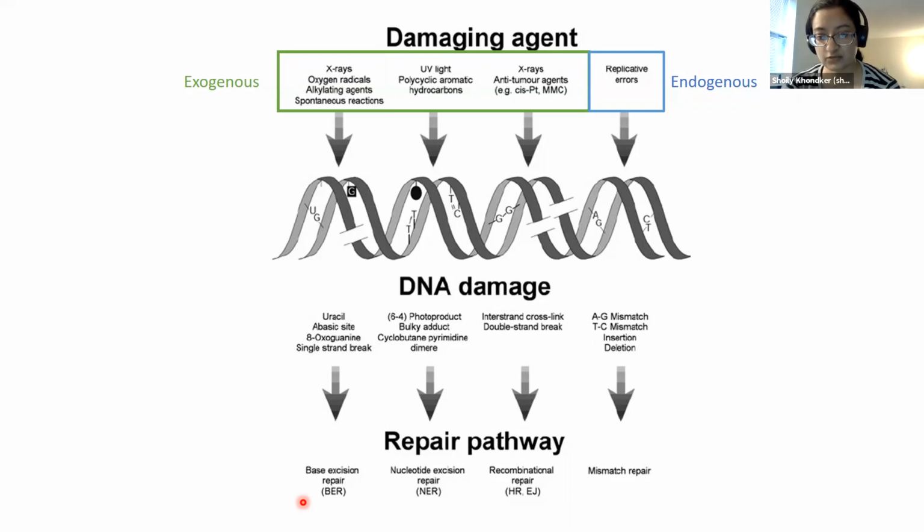There's nucleotide excision repair, which is used when a nucleotide is damaged or altered in any way, or if there's something bound to the DNA. In the case of double-strand breaks or interstrand crosslinks, there are two pathways that can be used, either homologous recombination or non-homologous end joining. And for replication errors, the pathway used is called mismatch repair.